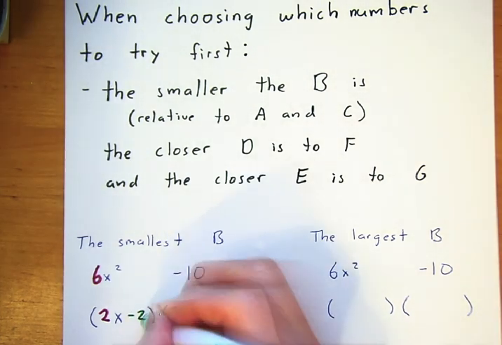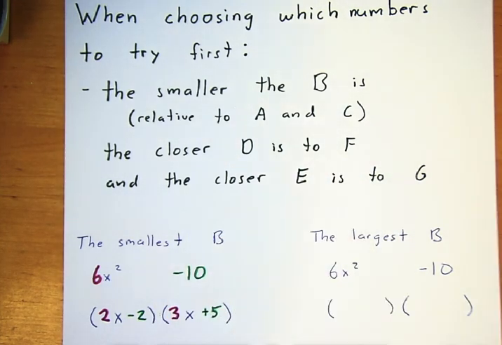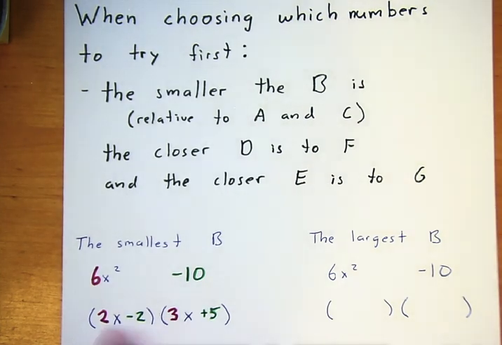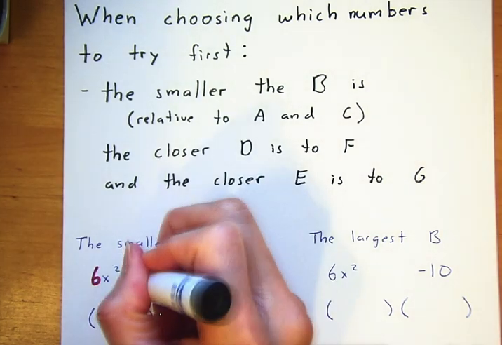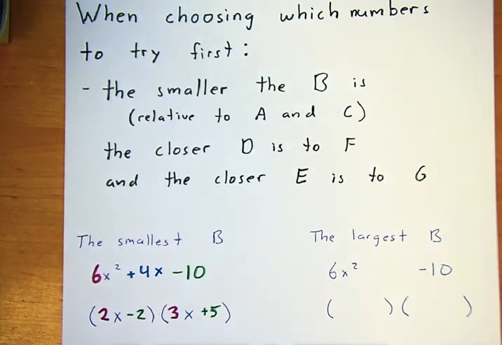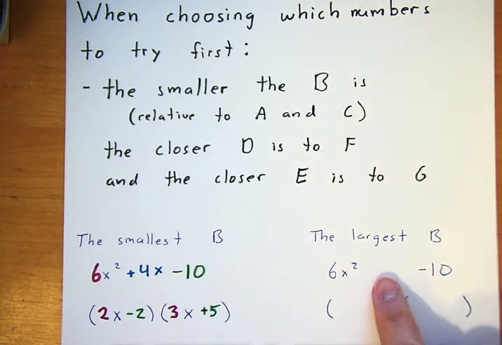This -2 and +5 were factors of this -10. And if I multiply and simplify 2x minus 2 times 3x plus 5, I'll get 6x squared plus 4x minus 10. And that is the smallest b I can get using only integers here. And when I say smallest, I mean closest to 0. What is the largest b I can possibly get?